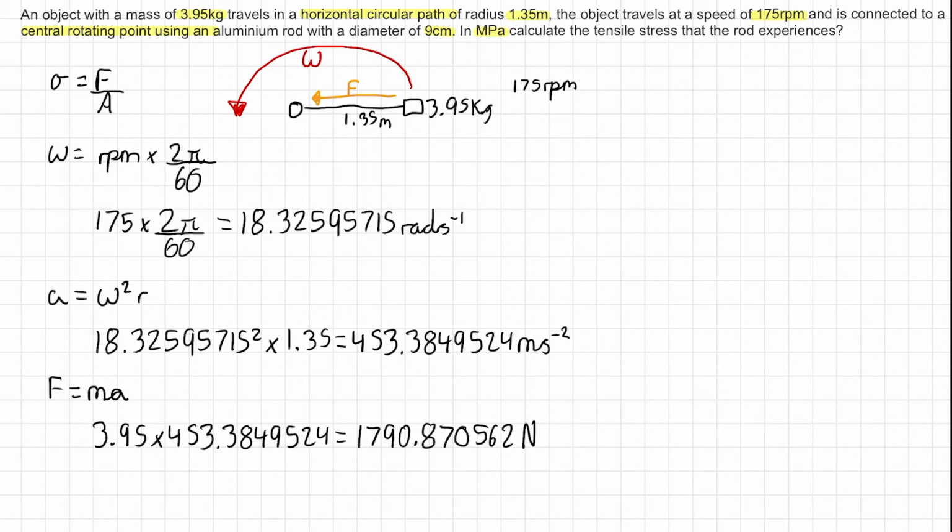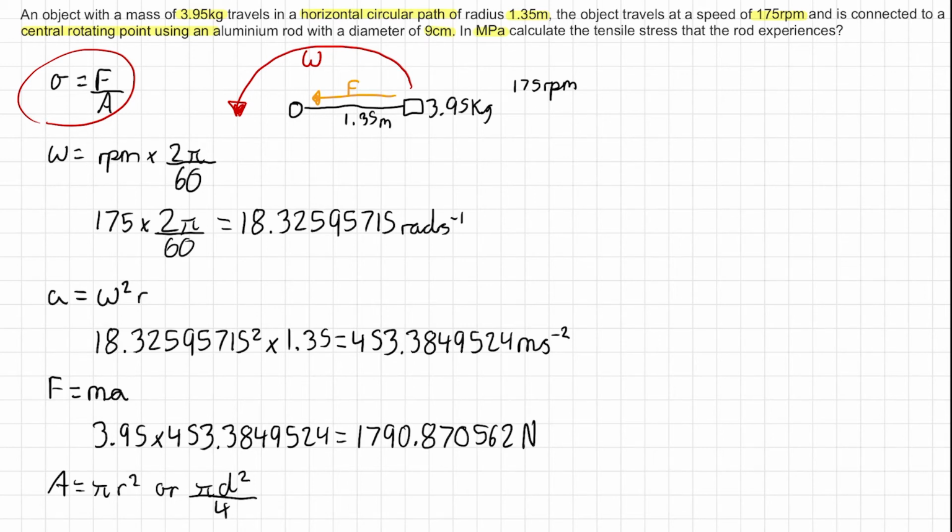Now that we've got the force, to do this up here, we need to first calculate the area. So there's two ways of doing the area. You can either do area equals pi r squared, or pi d squared over 4.